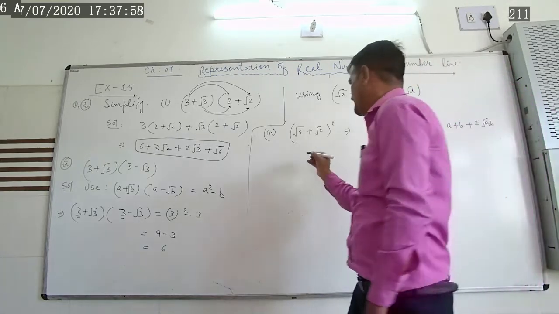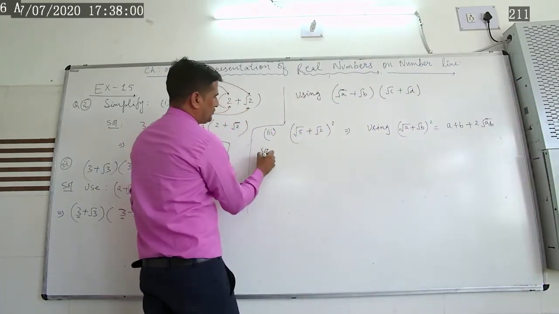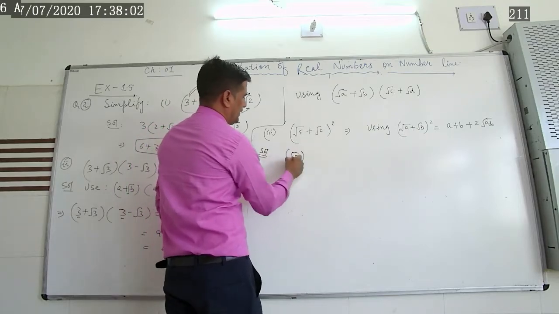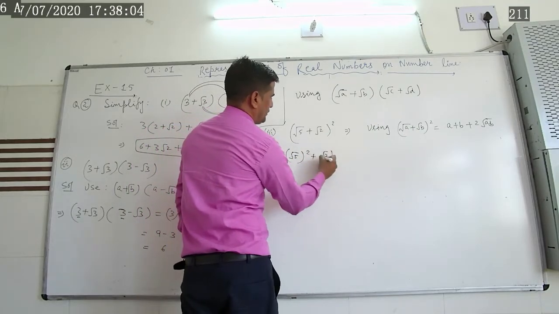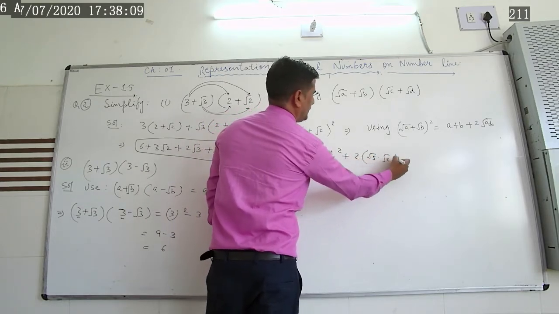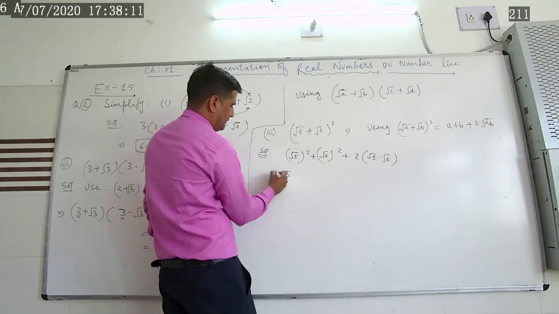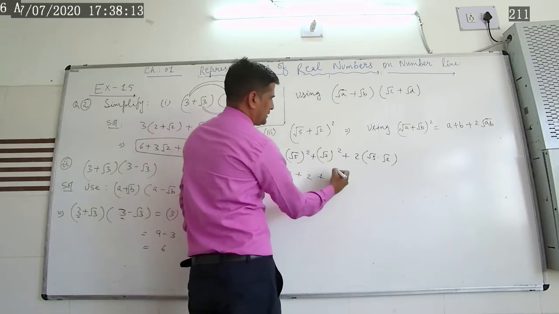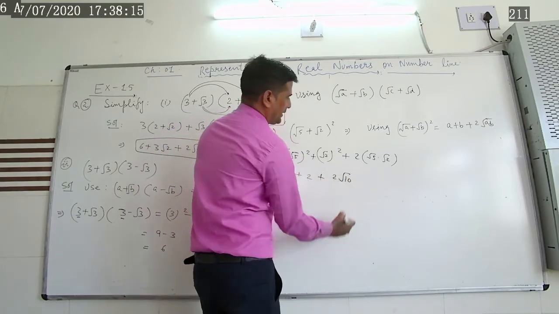So this will come as 5 square plus under root 2 square plus 2 into under root 5 into under root 2. So this will come 5 plus 2 plus 2 under root 10.